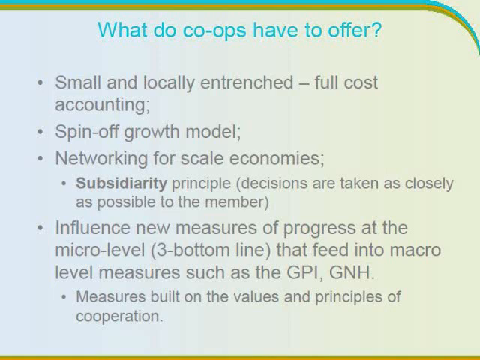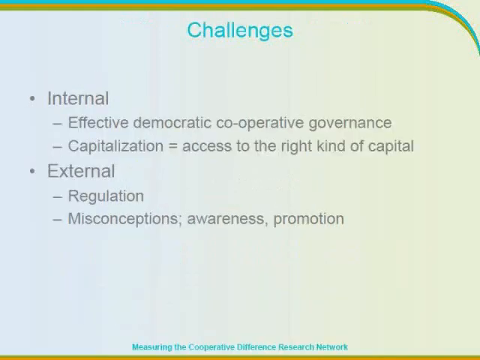So these measures are built on the values and principles of cooperation, and that's something that, again, cooperatives can lead in. The challenges, of course, are internal and external. I'm sure there's many more, but these are very, very critical in the context of what we've heard at the conference and at the summit that followed.